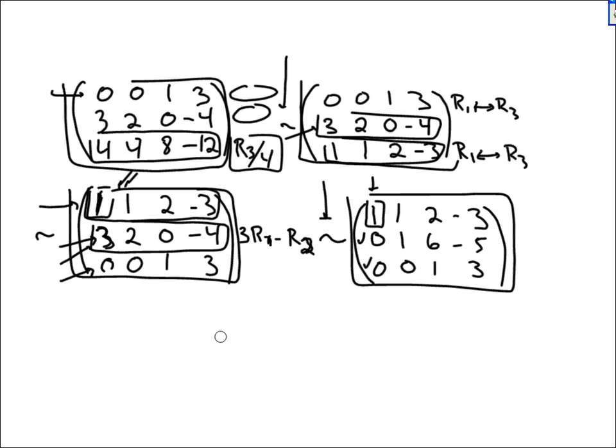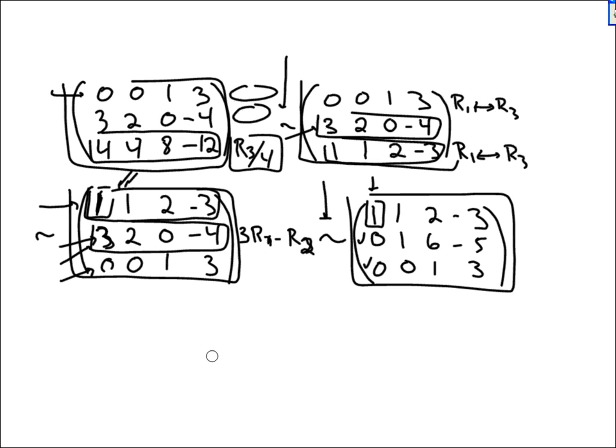So now we go on to row number 2. And we look for the first non-zero entry. And it happens to be a 1. Okay, I couldn't care less what it was. Could have been an 11.